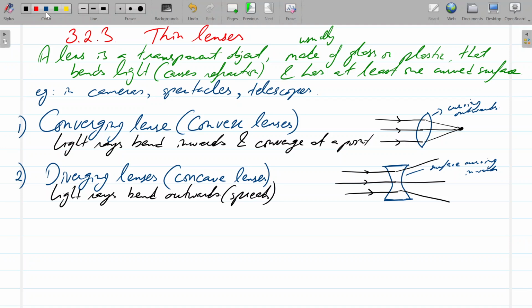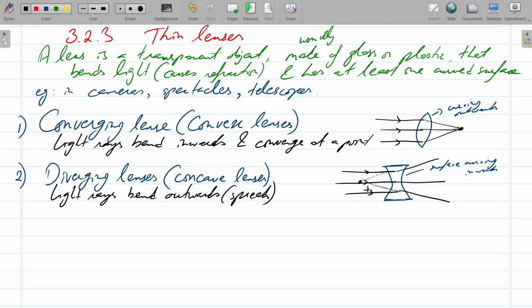But if you take these refracted lines and go back, you get a point on the same side of the lens where they appear to converge.